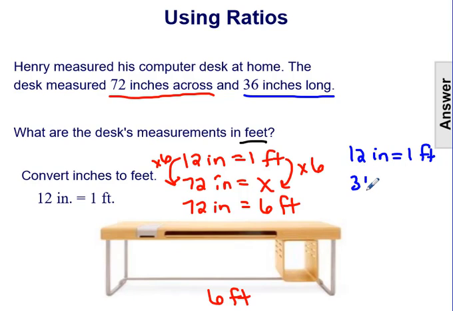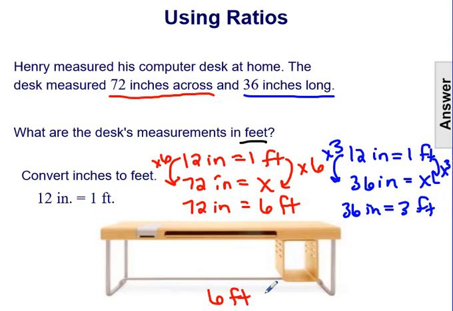And we're looking for 36 inches equaling an unknown amount of feet. Well, 12 to 36, you're multiplying by a factor of 3. You could always do 36 divided by 12 to see that 36 inches is going to equal 3 feet. So that desk is 3 feet by 6 feet.